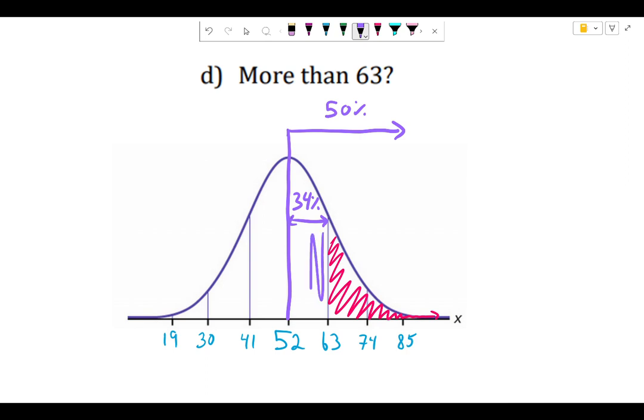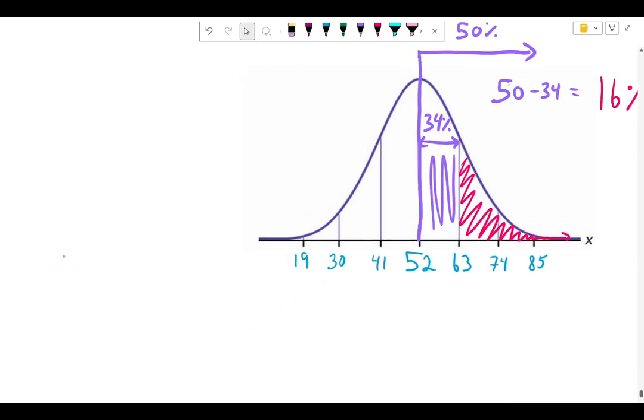To find the red shaded area, we can just do 50 minus 34 to get 16%. So there are a few different ways of finding the answer for part D.